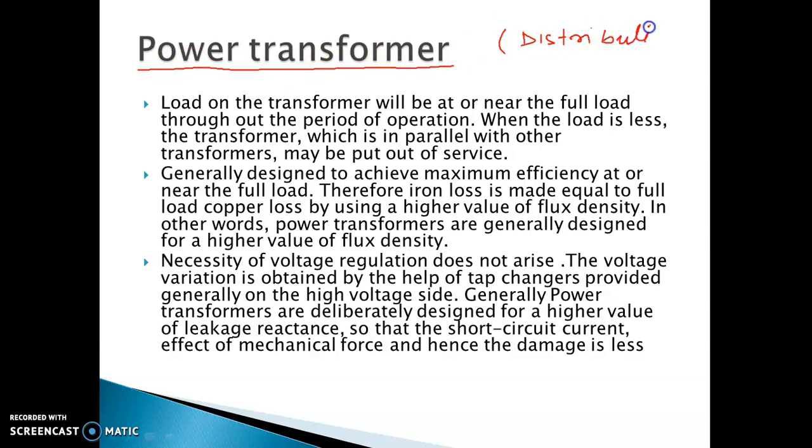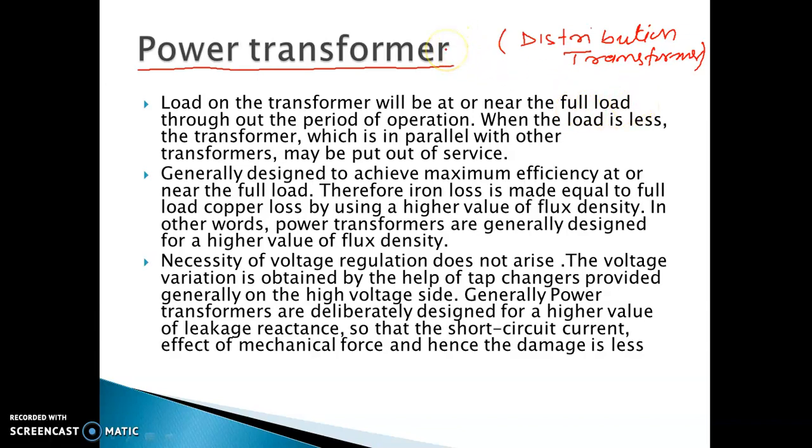In a broad way we classify transformers into these two types. For the power transformer, the load on the transformer will be near the full load.